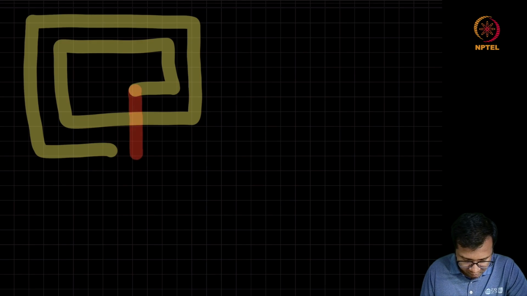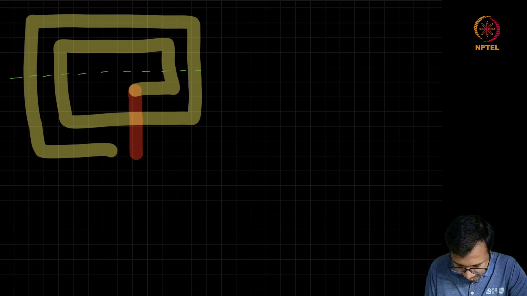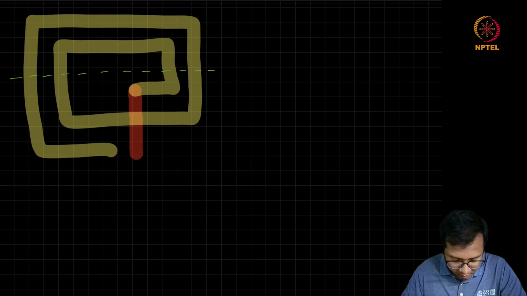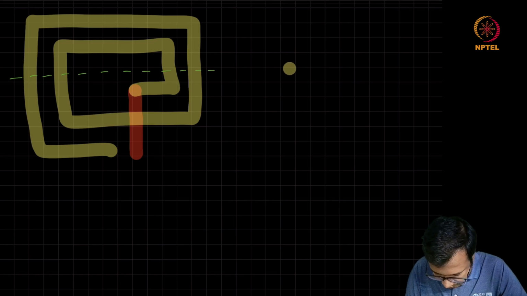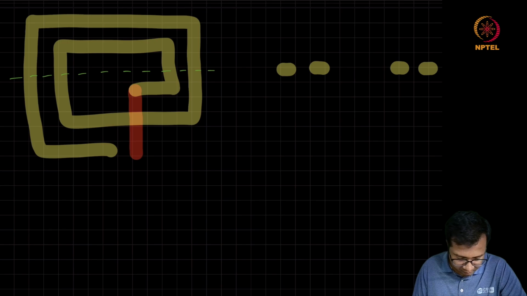And I take a cross section. And the cross sectional view will look like this. Here, these two metals. Again, metals here.